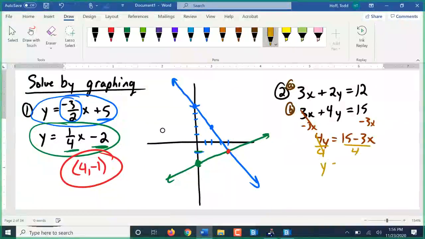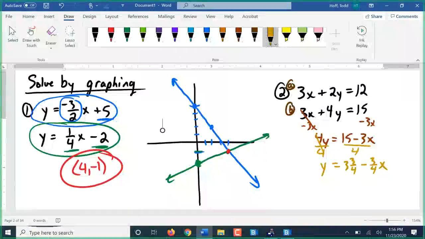So we have y equals 15 divided by 4 is 3 3/4, minus negative 3x divided by 4 is a negative 3/4 x. So y equals 3 3/4 minus 3/4 x.